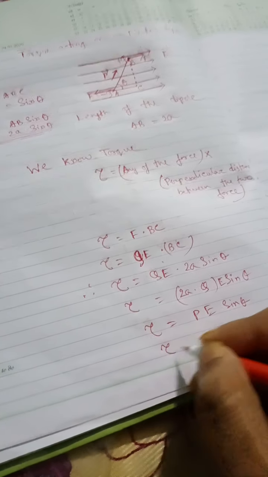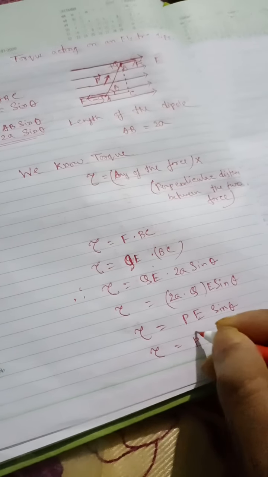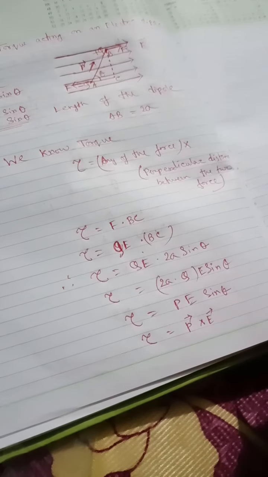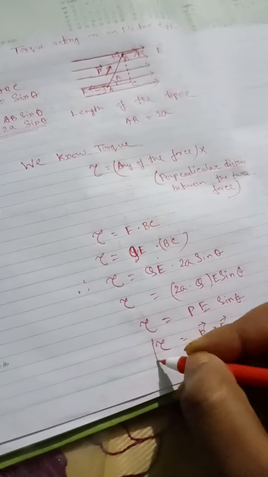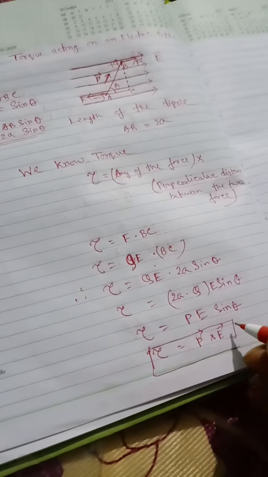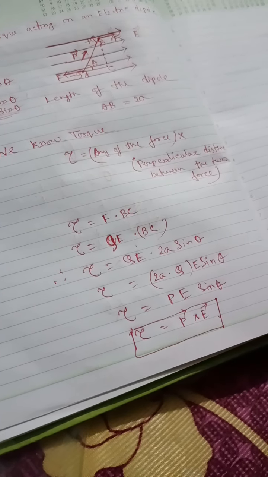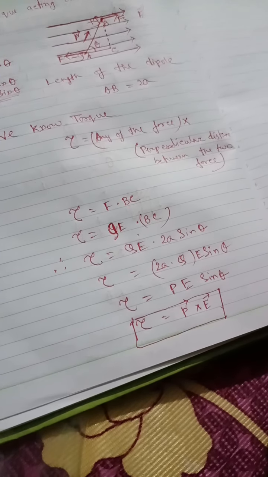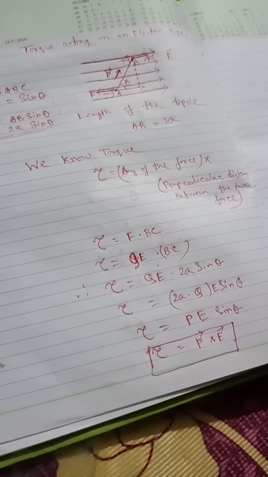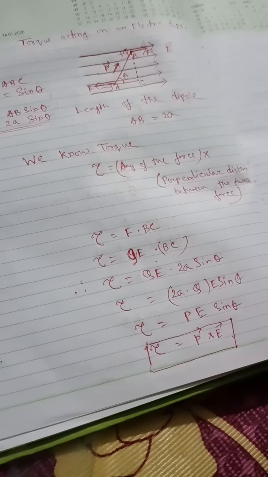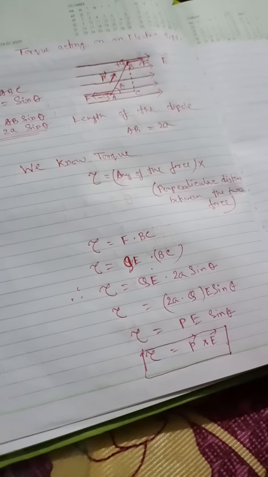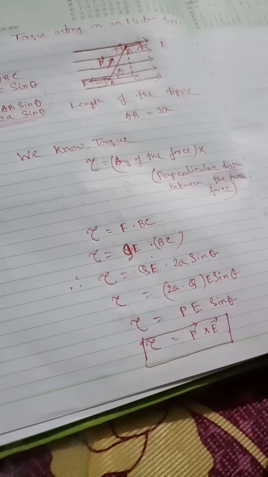In vector form, that is P vector cross E vector. So this is the expression of torque acting on an electric dipole when it is placed in a uniform electric field.